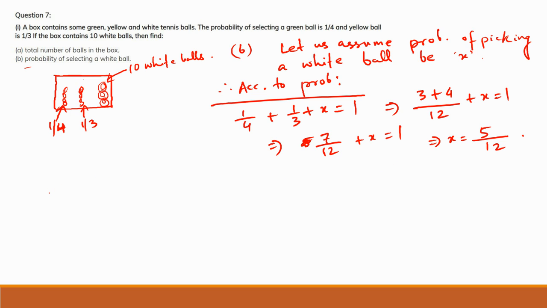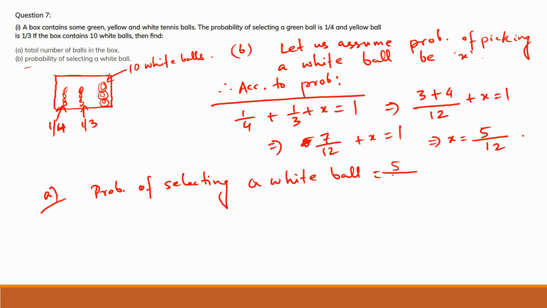Okay, now let us do the total number of balls in the box. You see that the probability of selecting a white ball right now equals 5 by 12, right? So you got this probability.